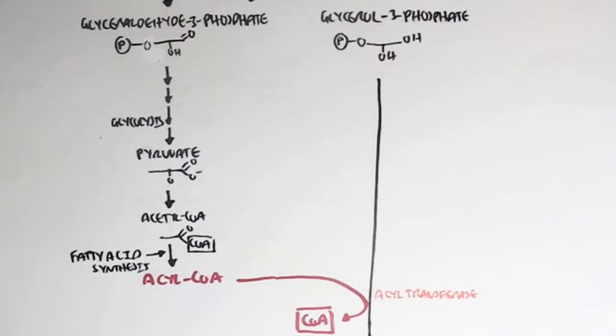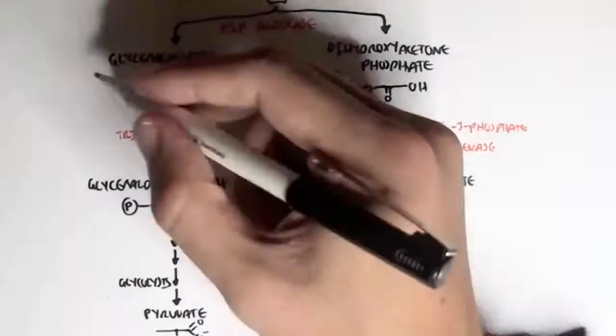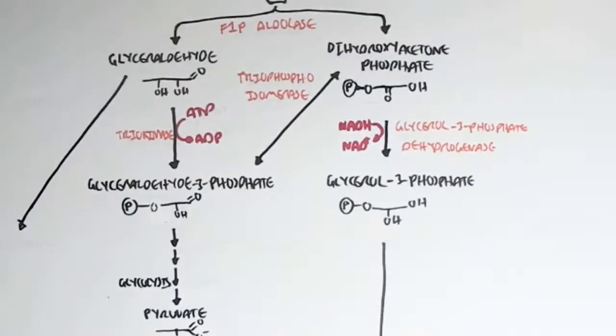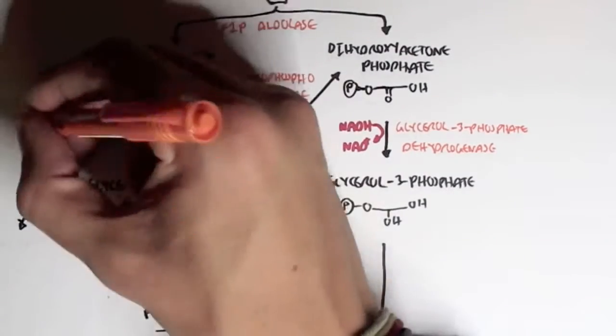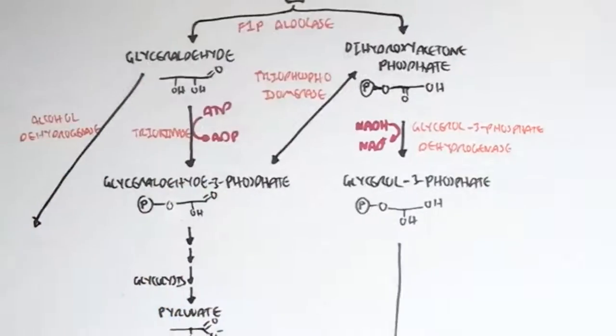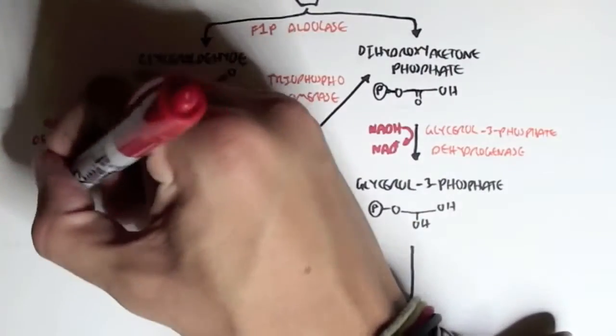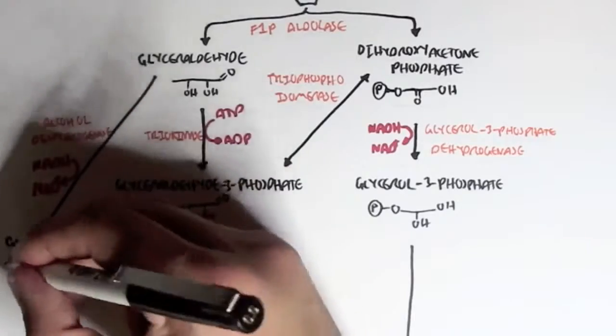So you can see how fructose can do all these things and essentially stimulate the production of fatty acids and triacylglycerols. To add to this, glyceraldehyde can actually also convert to glycerol by the enzyme alcohol dehydrogenase. NADH reduces glyceraldehyde to glycerol.